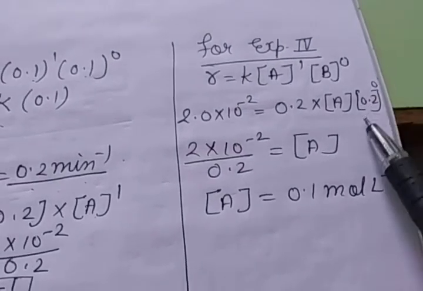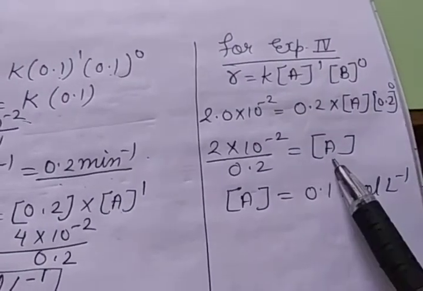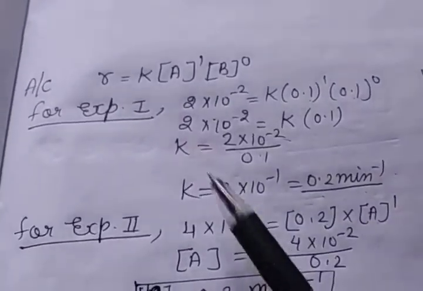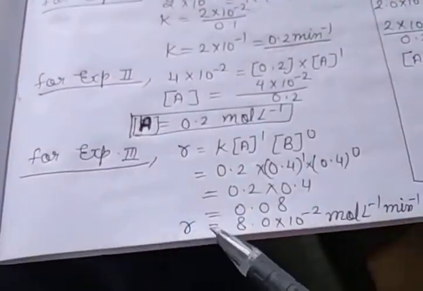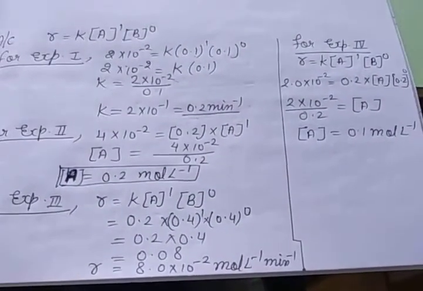So power 0 means its value is 1, and 0.2 goes to the left hand side. So A is equal to this value, calculate. So 0.1 mole liter inverse. So from the fourth experiment, first the K value we have to find, for experiment second the A value, third R, and then fourth A.